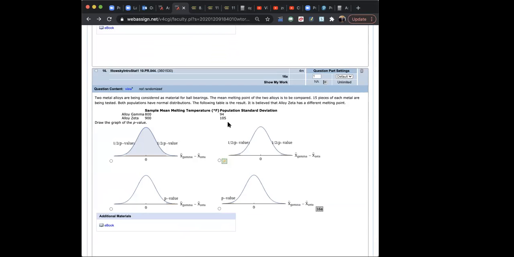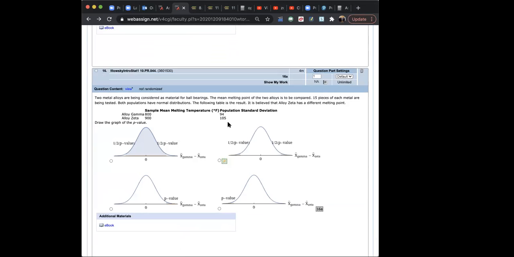Two metal alloys are being considered as material for ball bearings. The mean melting point of the 2 alloys is to be compared. 15 pieces of each metal are being tested. Both populations have normal distributions.